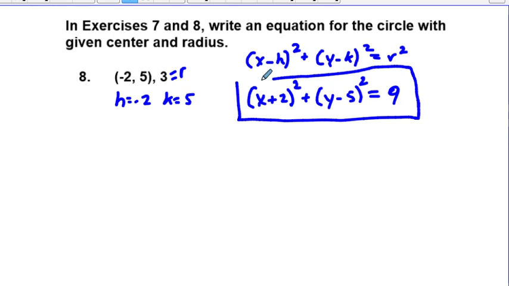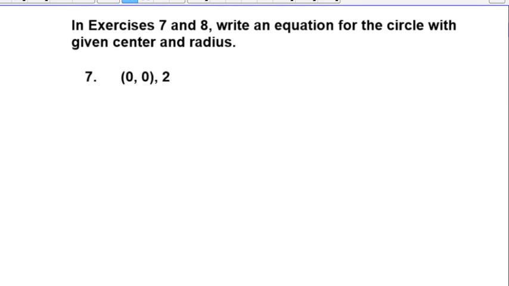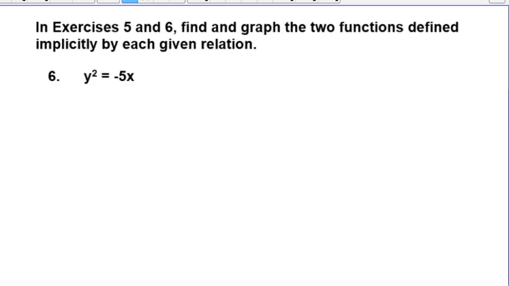Okay, Noah's asking about number 6, so I'll backtrack to number 6. Basically, what you're doing is you have y is equal to plus or minus the square root of negative 5x.